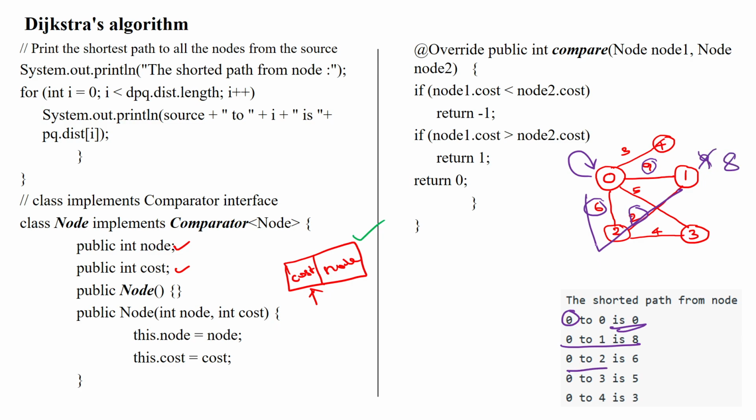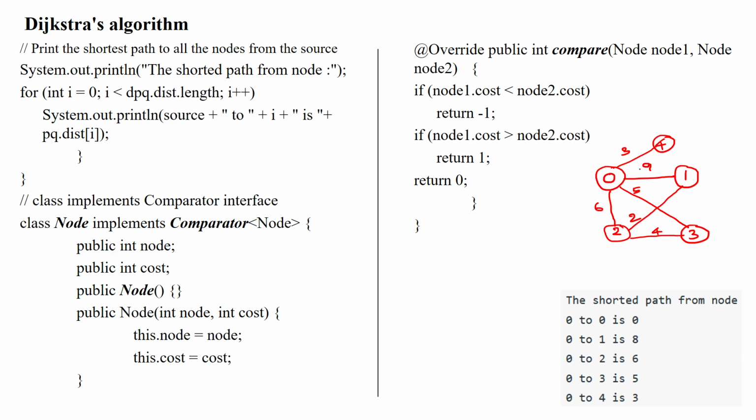So 0 to 2 is 6, and if you go from any other path, you look at that, this will give you 0 to 2 is 9, here it will give 11. So the 0 to 2 is 6 is the minimum cost, and 0 to 3 is 5. If you go this way, it will be 10. Okay, so that's why it is the 5, and 0 to 4 is 3. Only one path is there, 0 to 4 is 3.